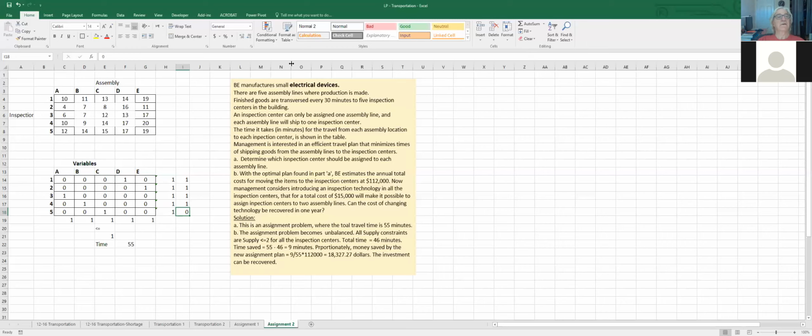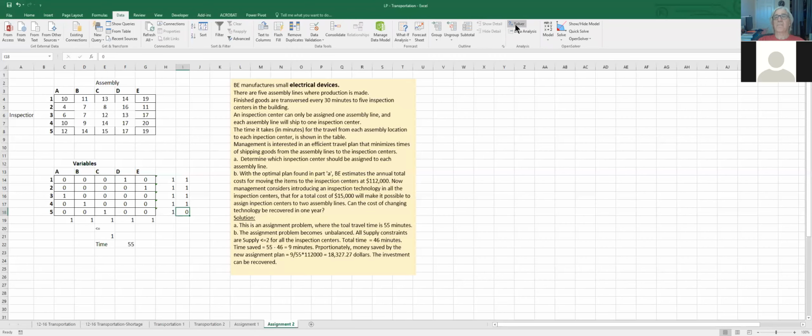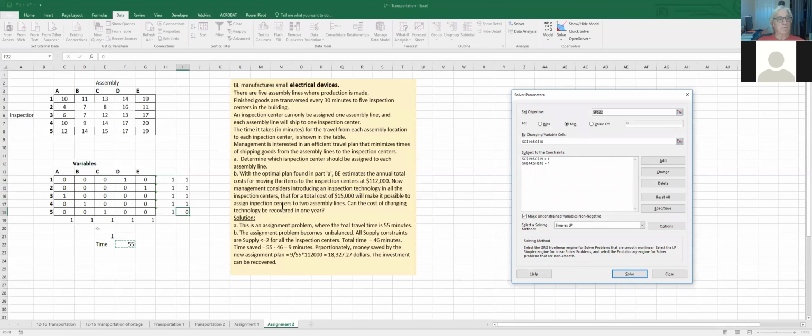Okay. So let's see. The objective will remain the same. Minimization remains the same. Variables I'm not changing because I'm including the last row as a variable, although I force it to be equal to 0. So variables don't change.